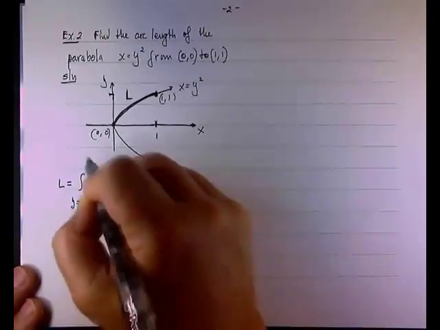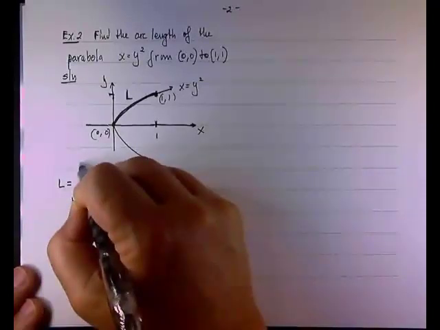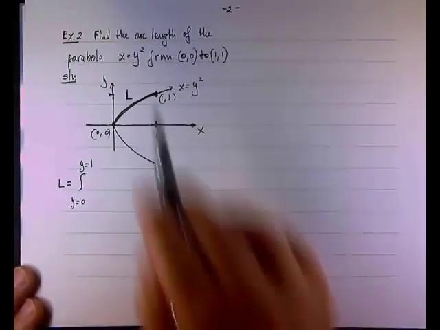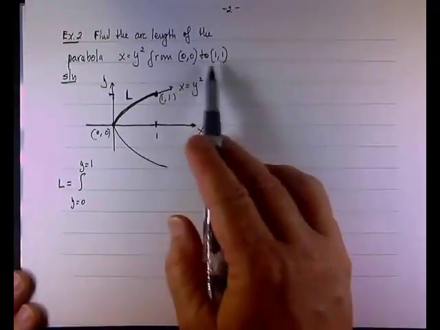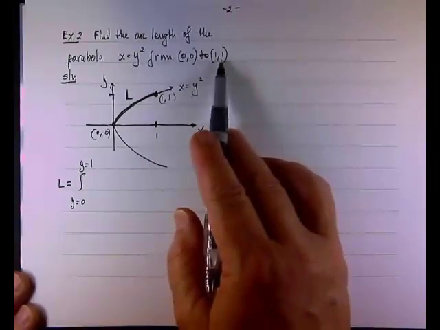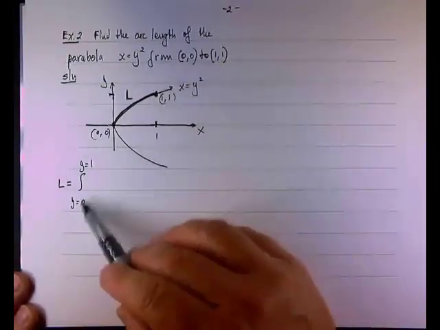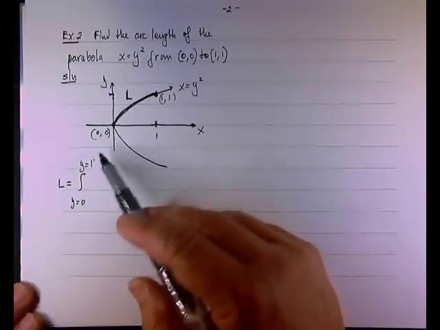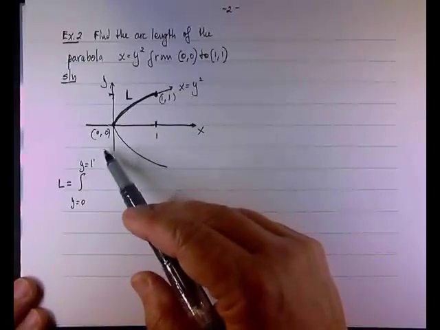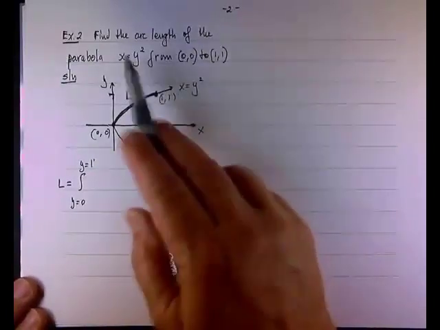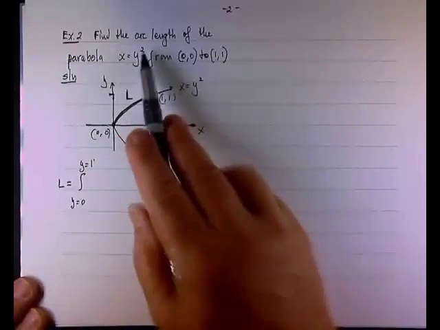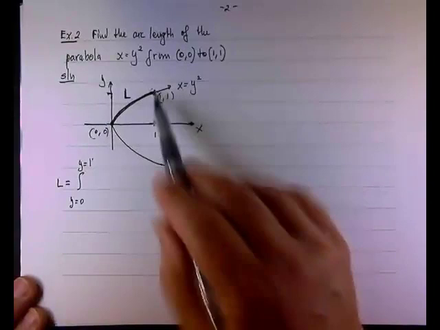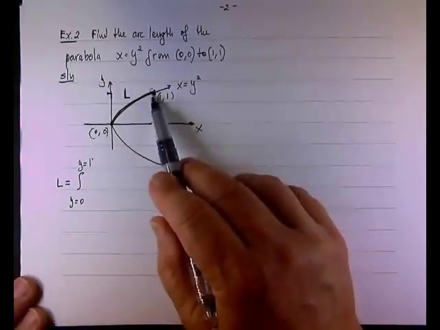So in this case, we go on the boundaries on y. y goes from 0 to y equals 1. In this case, it doesn't matter because (0, 0), (1, 1). But for instance, if we went from (0, 0) to (2, 4), then the boundaries of x would be 0 to 2 and the boundaries on y would be 0 to 4, because this point will be x equals 2, y equals 4.